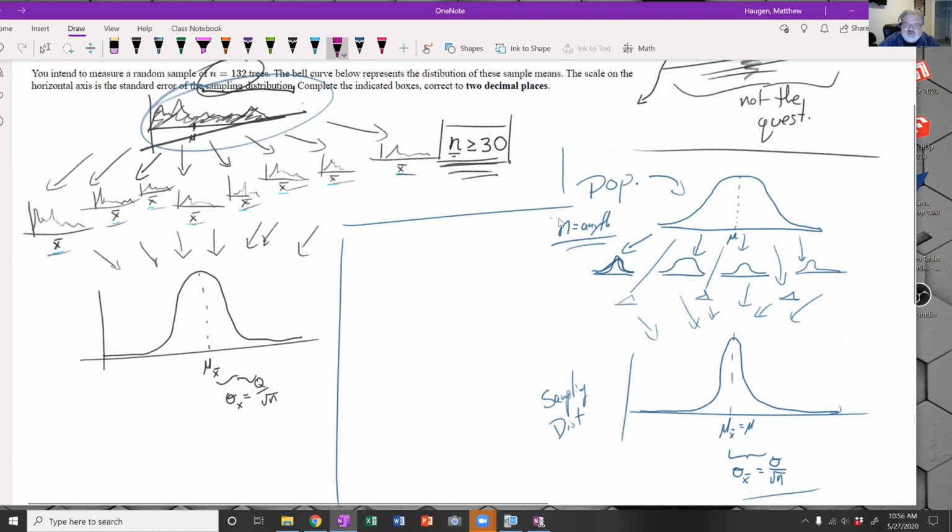You can still use this nice sampling distribution as long as our sample size is above 30 for means. Questions about that so far?